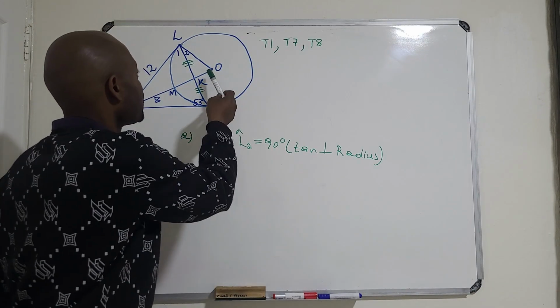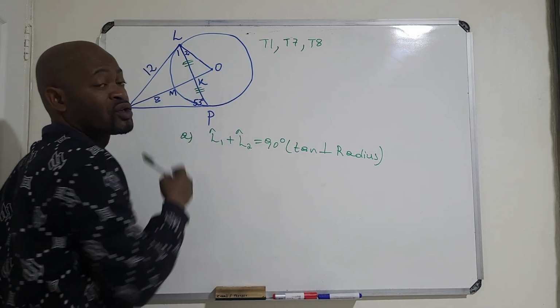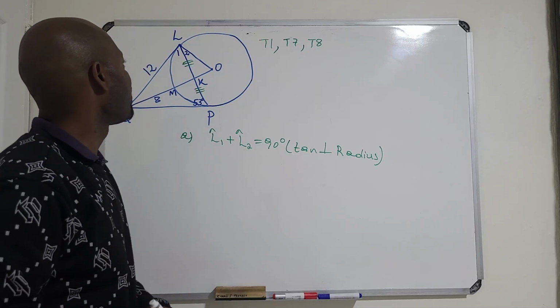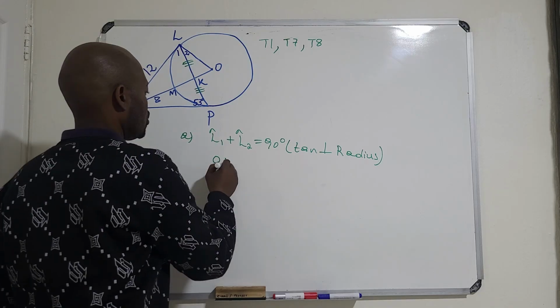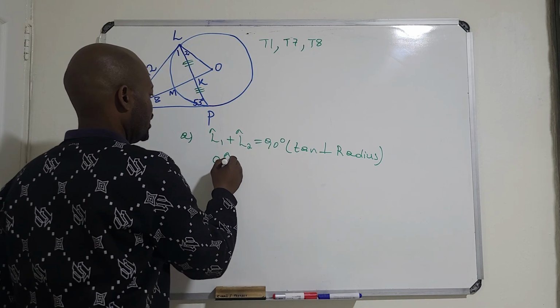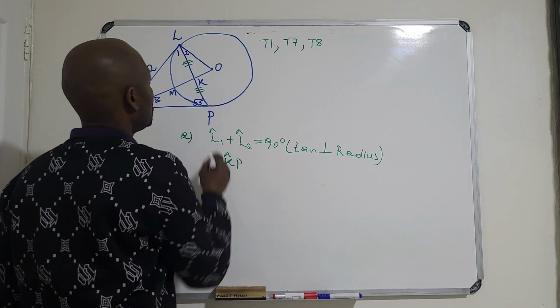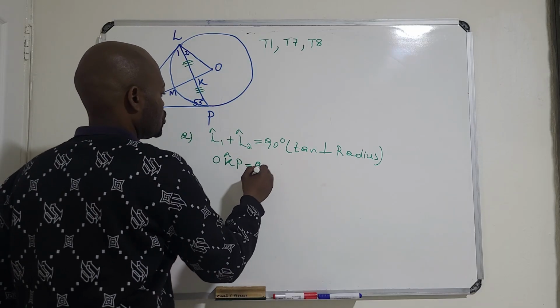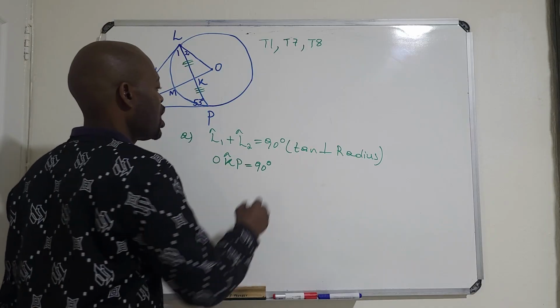If a line is drawn from the center to the midpoint of the chord, then that line is perpendicular to the chord. Therefore, angle OKP is equal to 90 degrees. Why?